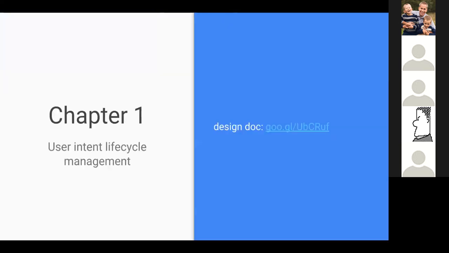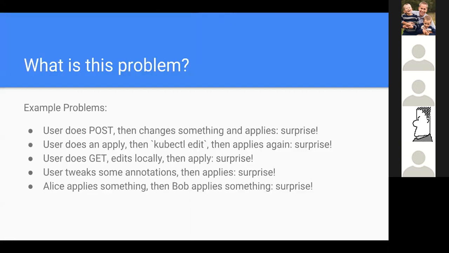Okay, so I've broken this into two chapters. The first one is about what I've called user intent lifecycle management. And these are some example problems that I want to cover in this section. I don't know how much you've played with kubectl apply. There's an excellent talk from a CoreOS engineer, I want to say Aaron, but I don't want to get the name wrong, from KubeCon in Austin, Texas.